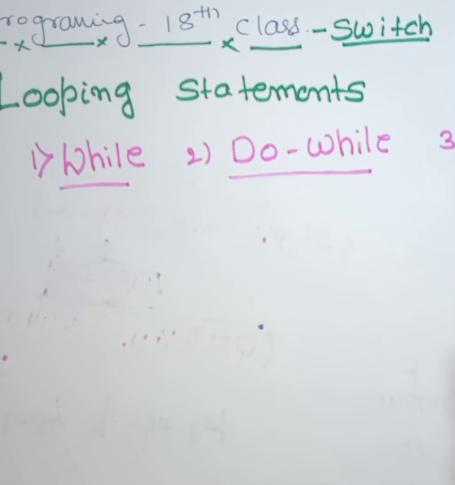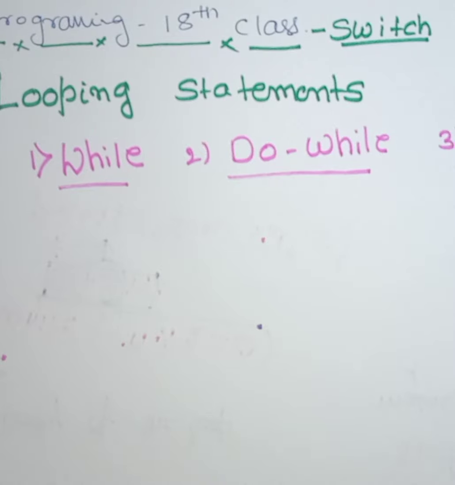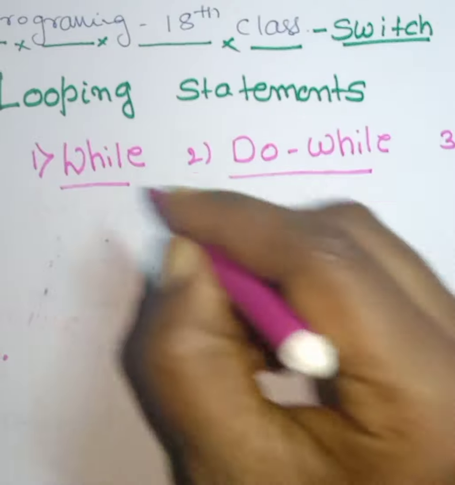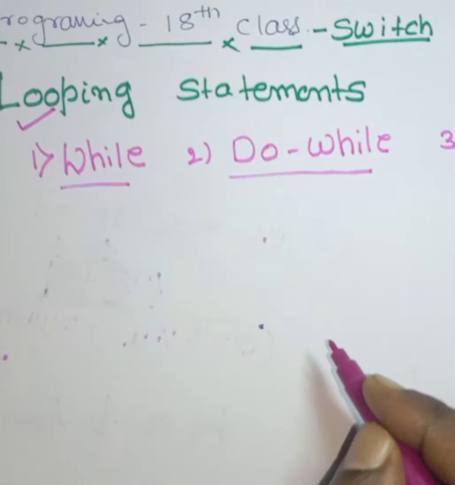Okay. And before starting the syntax of these statements, we should study why we have to study the looping statements. What is the necessity, and when are you going to use these loop statements? If you want to repeat a statement in the program, then we use looping.